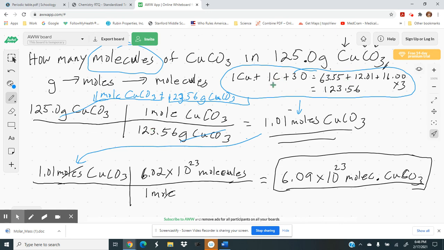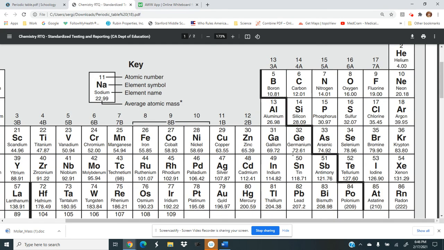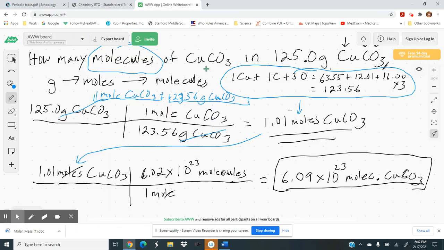And so you have to calculate the molecular masses, not just looking it up on the periodic table, but taking all the elements that are in your formula and getting their atomic masses and adding them up. That's why we did the worksheet on molecular mass previously, so that we can go ahead and calculate them out. We know how to calculate the molecular mass. Okay, so that's it for this one.